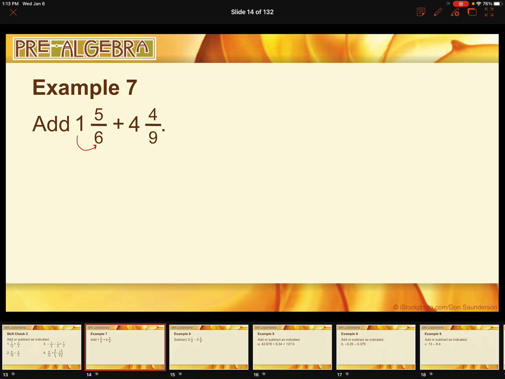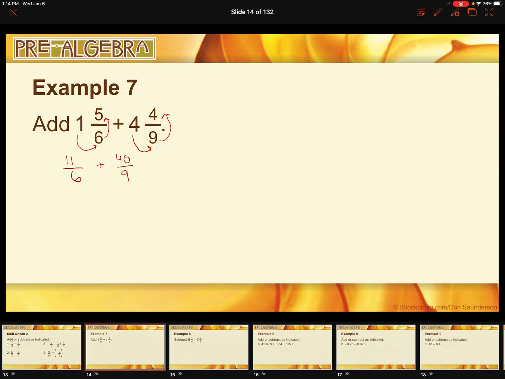If I do 1 times 6 and then add 5, 1 times 6 is 6, 6 plus 5 is 11. You can do the same here. 4 times 9 plus 4. 4 times 9 is 36. 36 plus 4 is 40.